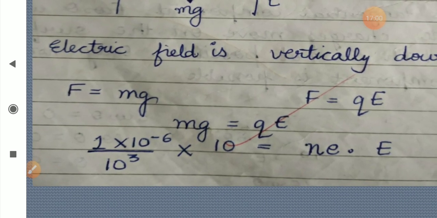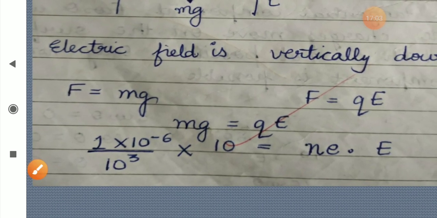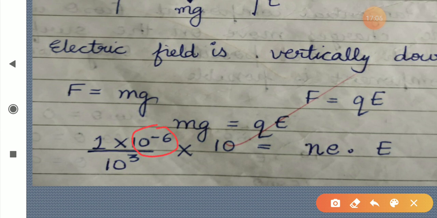Now mass is 1 microgram. So for micro I have this 10 to the power minus 6, right? And for gram, it is in gram and we have to convert to SI unit, kilogram. So you have to divide it by 10 raised to the power 3 also. The value of g is given to be 10 meter per second square.